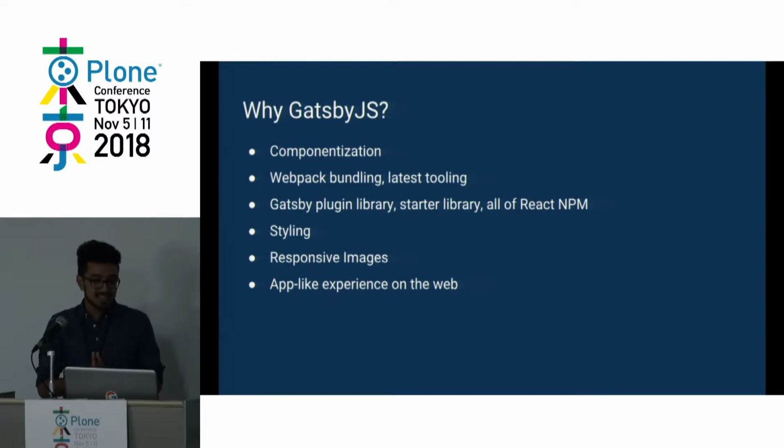Then the rest of the things I would talk about are that it handles styling, responsive images, and also gives an app-like experience really well. Why I mention them here is because this is handled by all the other frameworks as well. But what Gatsby is aiming at is the best way for you to work on a static site, using modern technology.